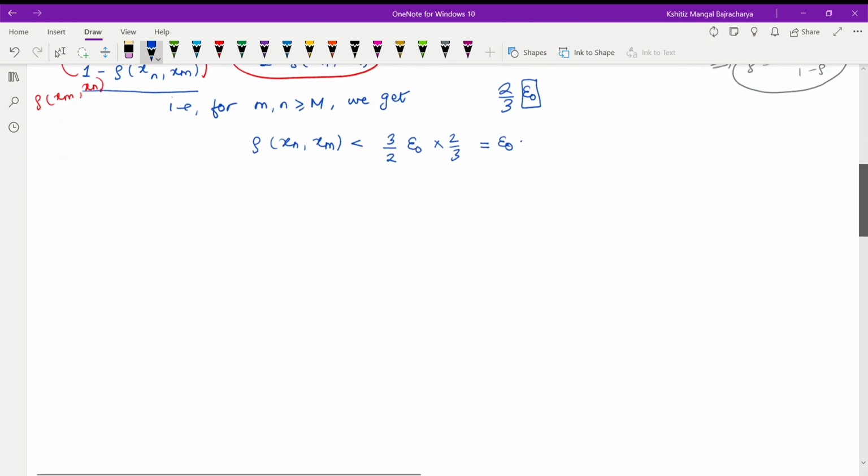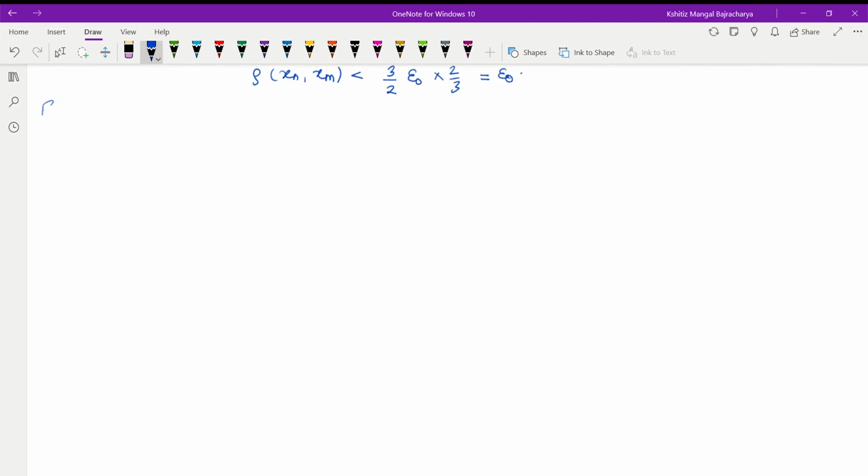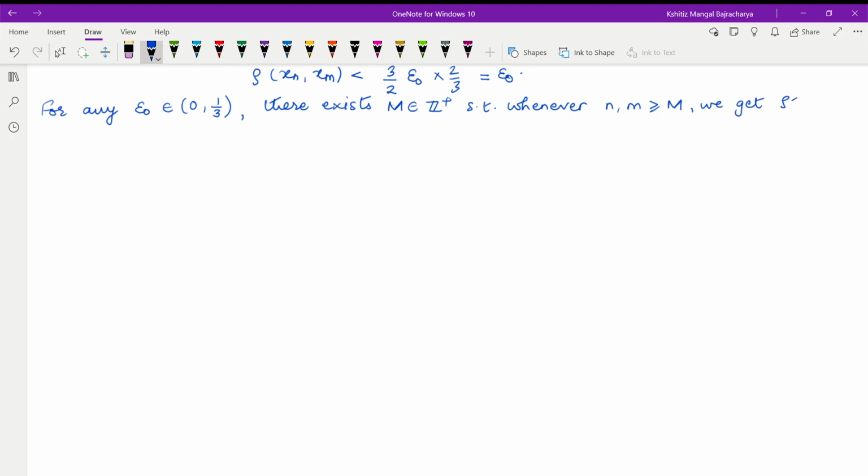We've just shown that for any epsilon naught belonging to 0, 1 by 3, positive but less than 1 by 3, there exists some positive integer m such that whenever we take n and m greater or equal to m, we get rho xn xm to be less than epsilon naught.